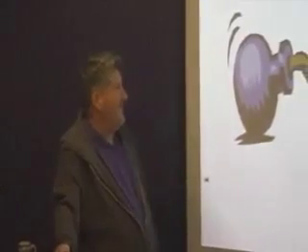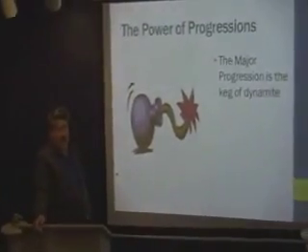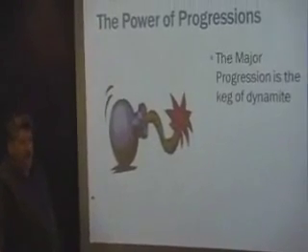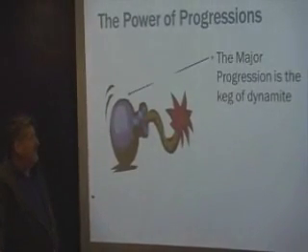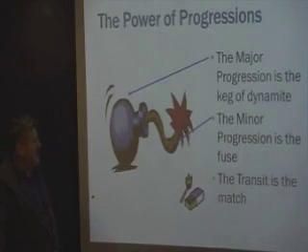So here's the visual description I like to use. The major progression is the keg of dynamite. This is what carries the power. The fuse is the minor progression. The transit is the match.